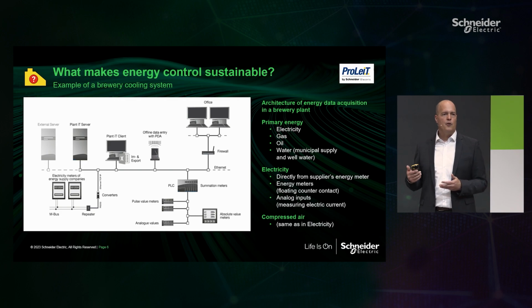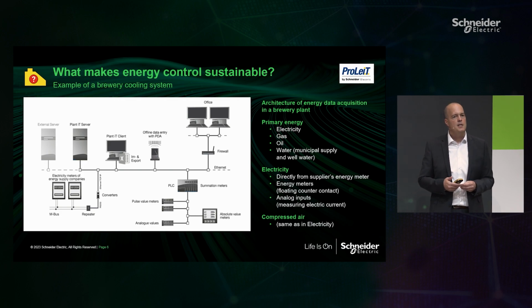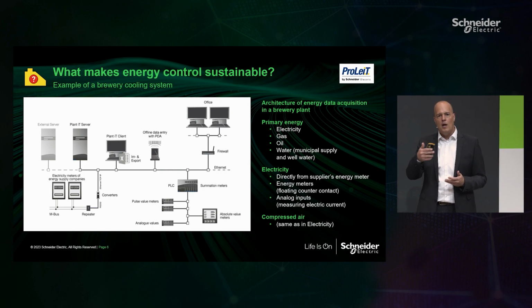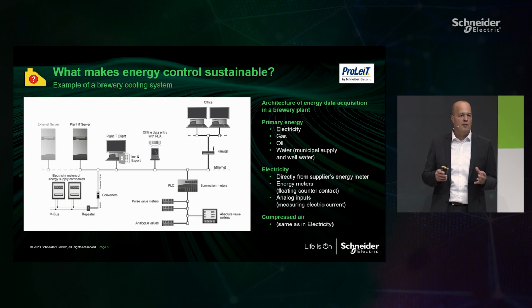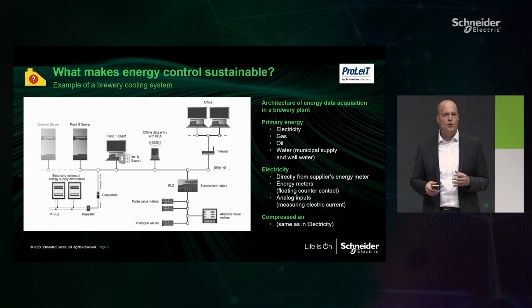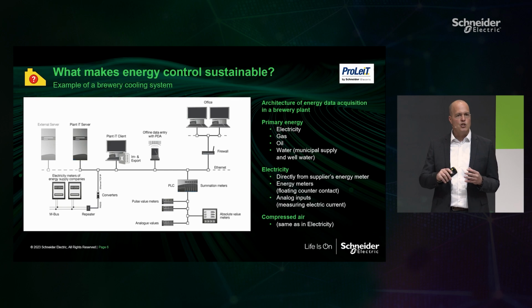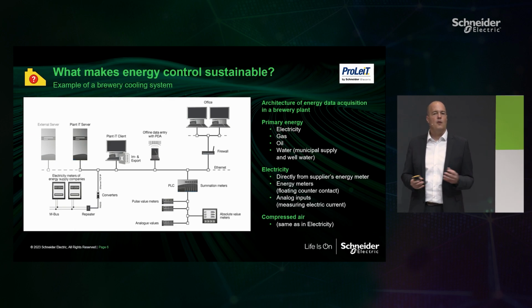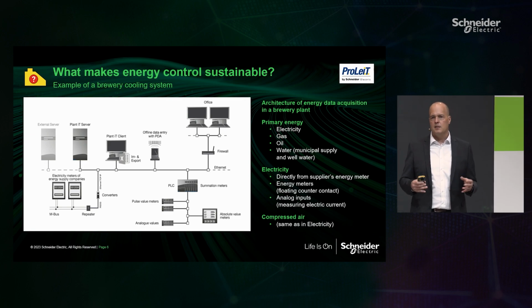But when you cut off the cooling of these vessels, it doesn't mean that the beer is spoiled in minutes. It takes a while until the temperature rises in the tanks. This kind of buffer, which you can use, helps you to make the energy consumption more average. So that's one of the sources you can shut down, and it doesn't have an impact on the end product or on the production. So it means you have a kind of buffer in the system itself.